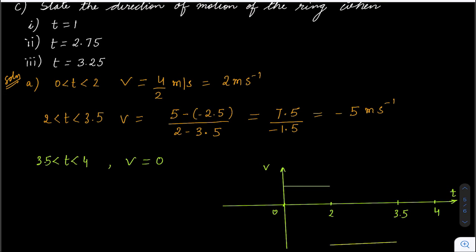So from 2 to 3.5, my velocity is minus 5. And then from 3.5 to 4, my velocity is 0. So this is my graph. This value is 2, this value is minus 5, and this is 0. So this should be the velocity-time graph.